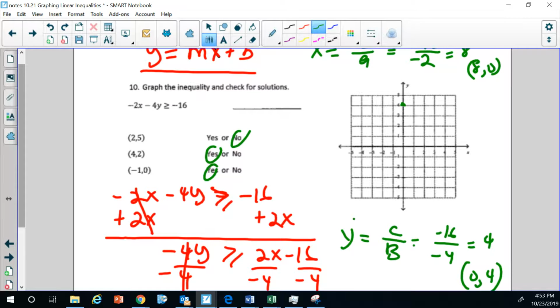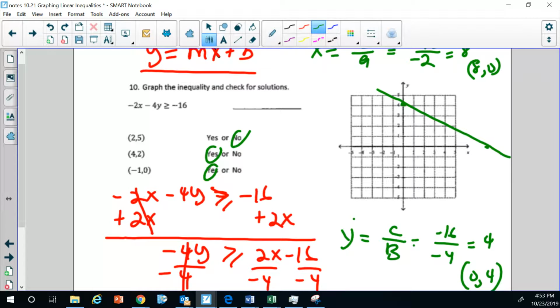It's going to be off the chart a little bit, past 5, 6, 7, right up here. So I have my 2 points now, and all I have to do is connect them.